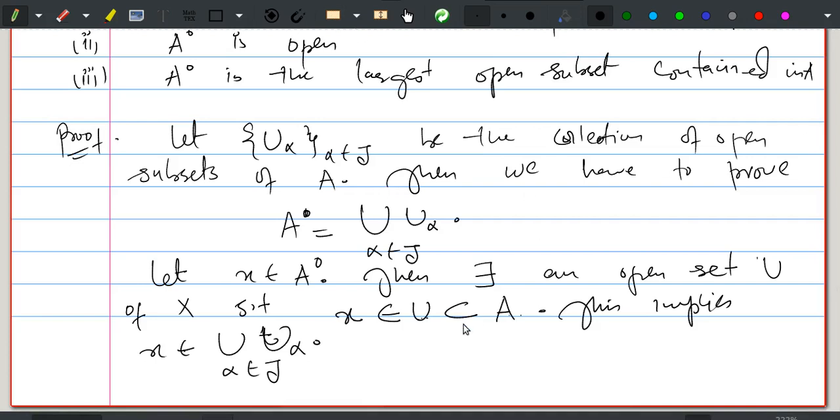Now for the reverse containment, we are going to take an element here and prove this reverse containment. This is left as an assignment for the readers. It is trivial.